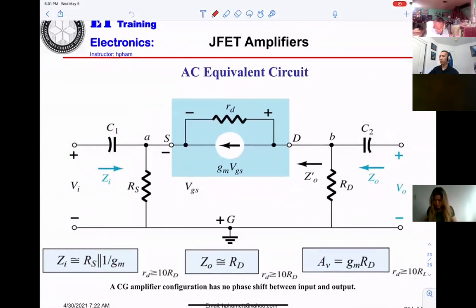And if you want the input impedance, you can see you get RF in parallel with 1 over gm.